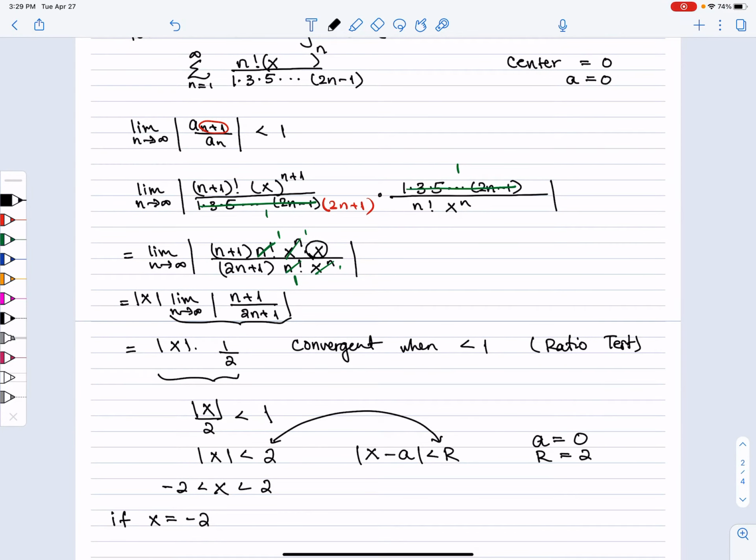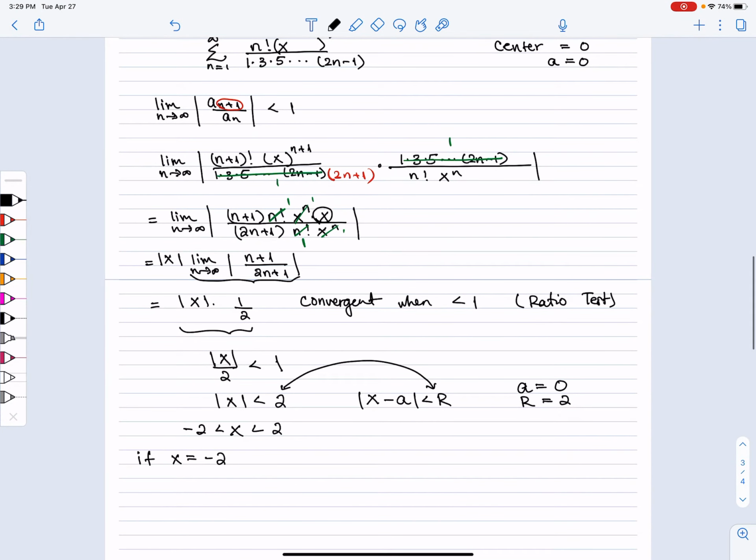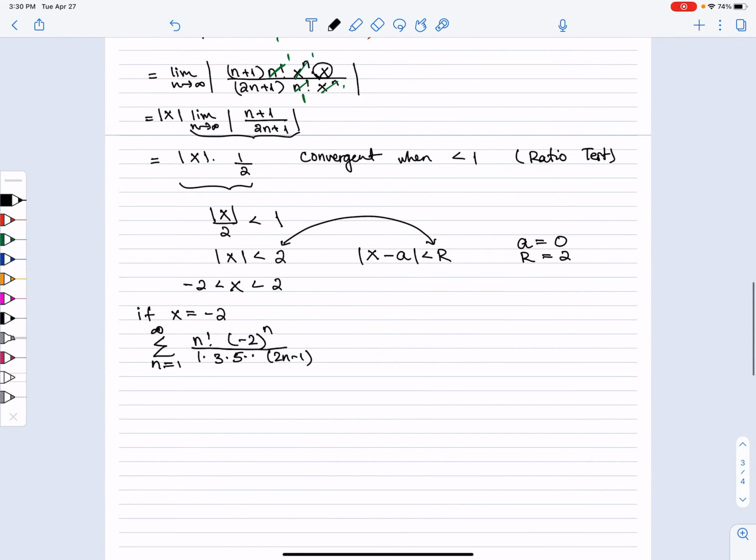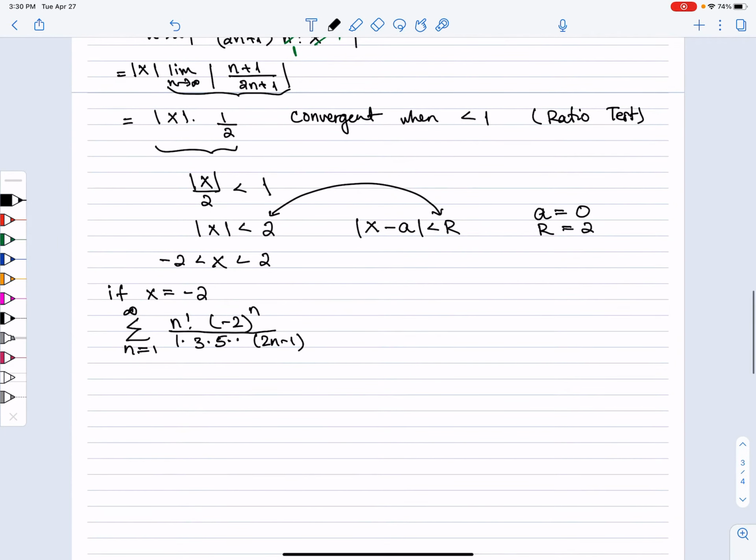We're going to have the sum as n goes from 1 to infinity of n factorial times -2 to the n, over 1 times 3 times 5, all the way to 2n minus 1. And now we have to determine if this series is convergent or divergent.